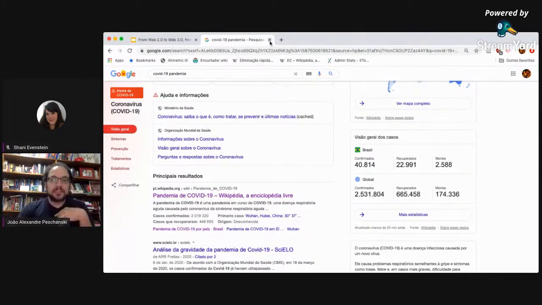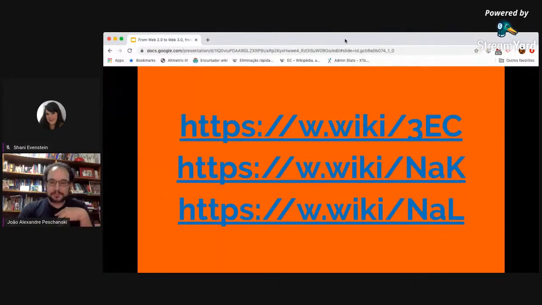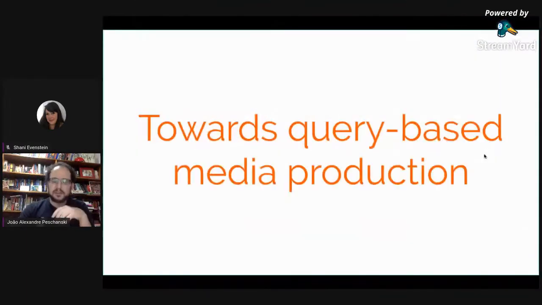So this is a third aspect of the project, again connected to education, as we need curation for this content, and this is being done by universities, at least in Brazil, as assignments. And this is query-based media production.